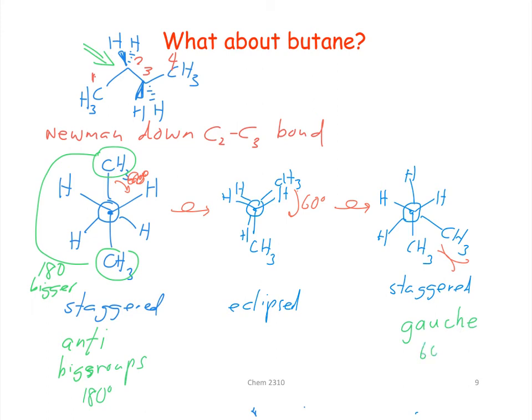This is the 60-degree angle between two groups on adjacent carbons. And when those get close together, they are going to kind of repel each other. The atoms start to bump off each other, and this is going to be called steric strain.